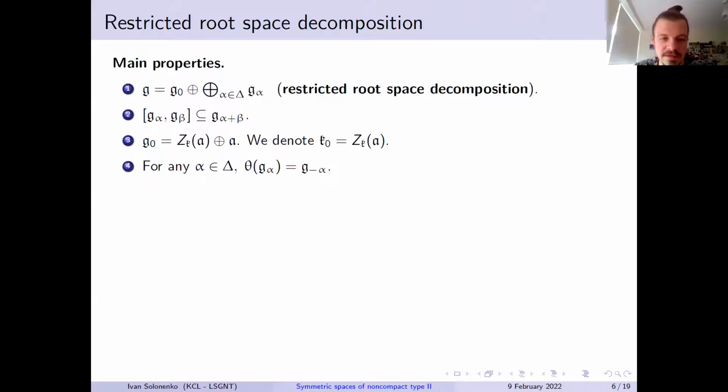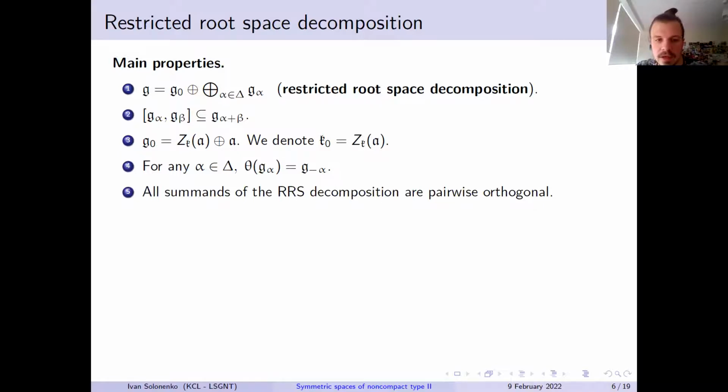Now, for any alpha, our involution theta maps G alpha onto G minus alpha. And also what's important, all summands of the restricted root space decomposition, so all G alphas and G0, are pairwise orthogonal with respect to our fixed inner product.